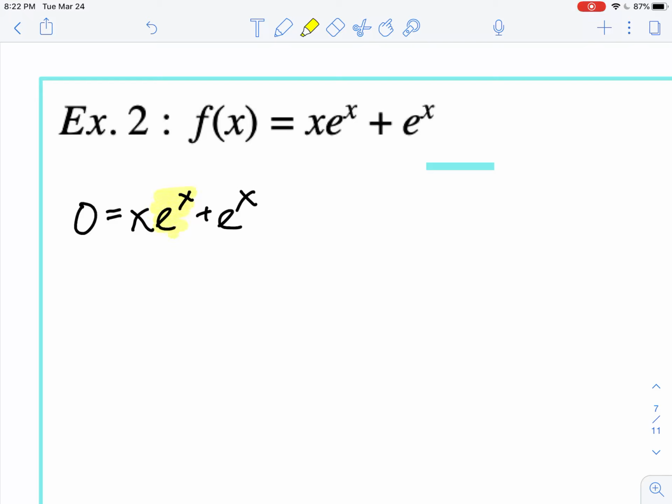I notice this one has an e to the x, and so does this one, and that's it. So I'm going to pull an e to the x out to the front. The first term will still have the x, plus, even though this whole thing got taken away, we need a 1 there to keep its place.